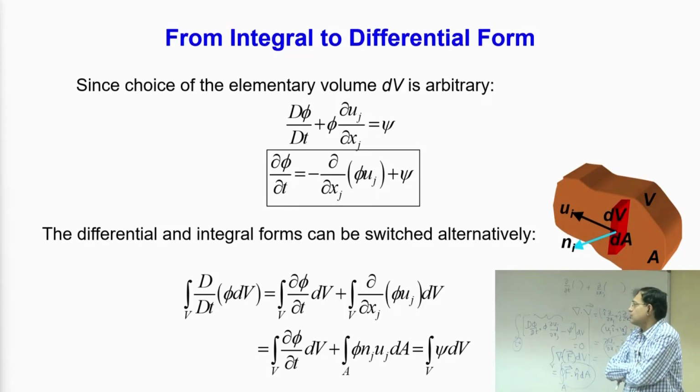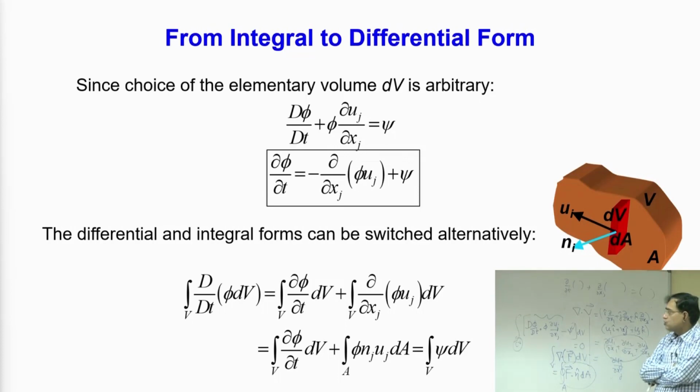So, your expression in the box, whatever is written. If you now replace small phi equal to rho, the density, then recall that in the conservation of mass, your overall mass for the volume dV is rho into dV. So, when we are symbolically expressing something as phi into dV, then phi becomes rho, right. If you put phi equal to rho and put psi equal to 0, you will have this one.